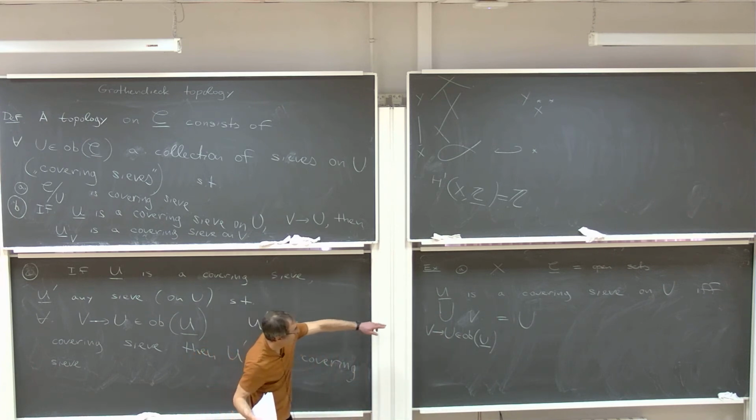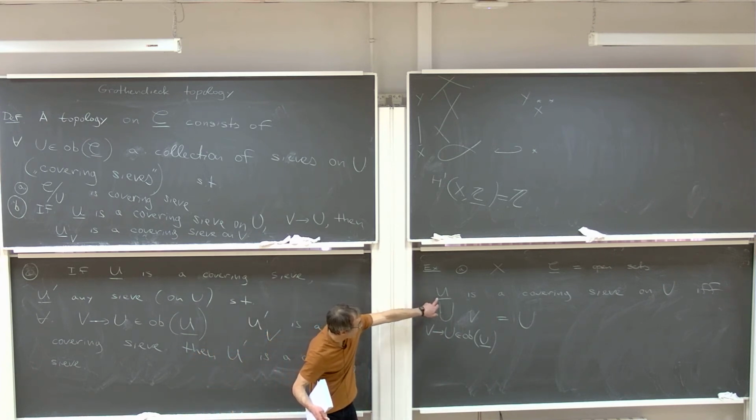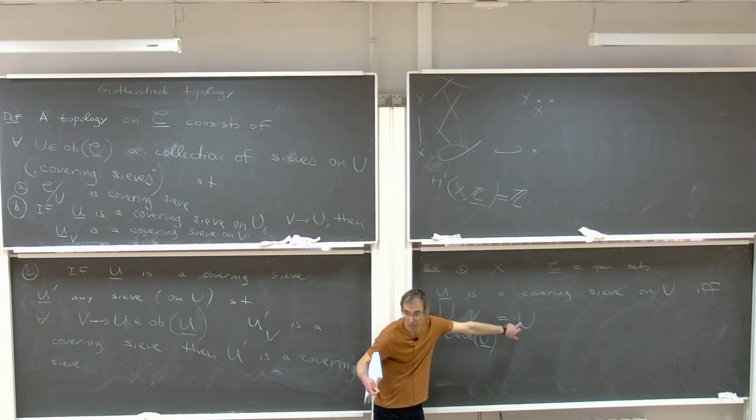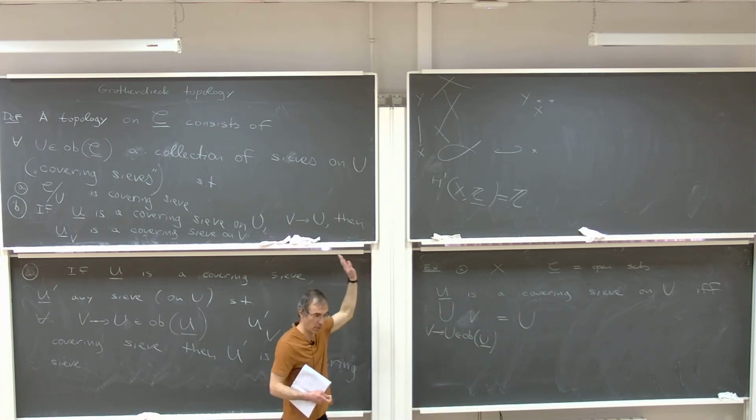So a sieve, again, is a collection of open subsets of U, and I declare this to be a covering sieve if these open subsets cover U. This is an example of a Grothendieck topology.